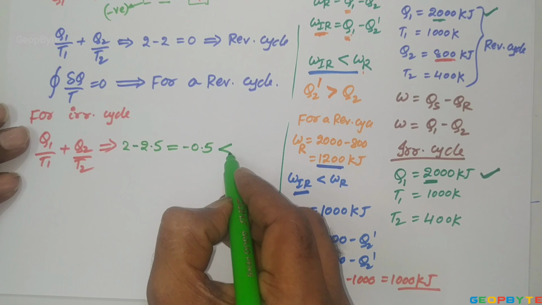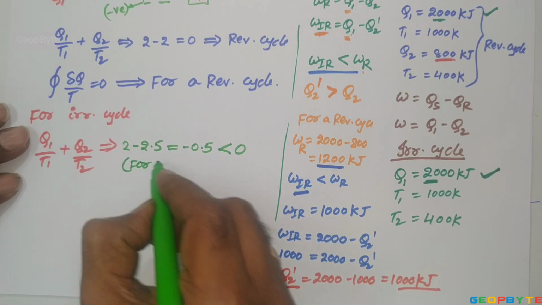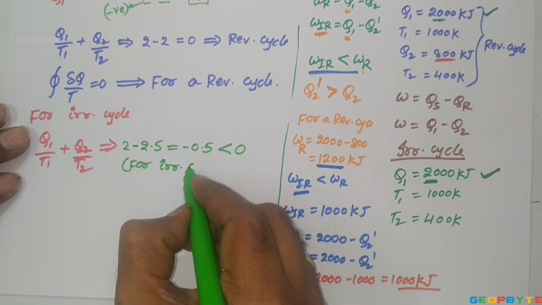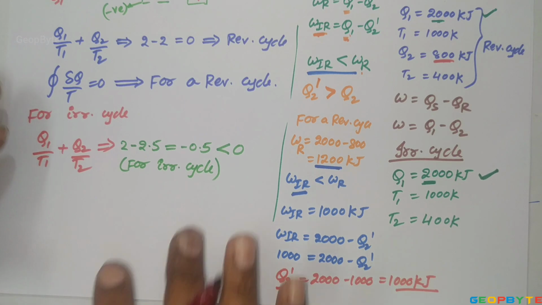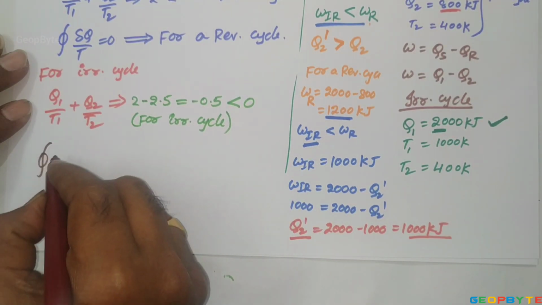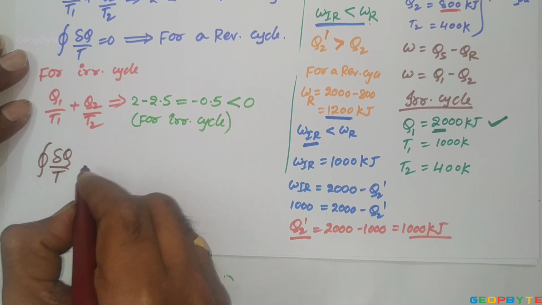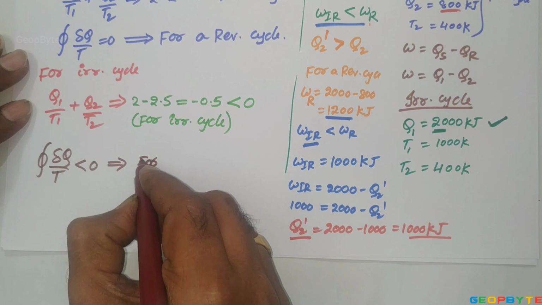It is less than 0 for the irreversible cycle. From this I can write that the cyclic integral of del Q by T is less than 0 for the irreversible cycle.